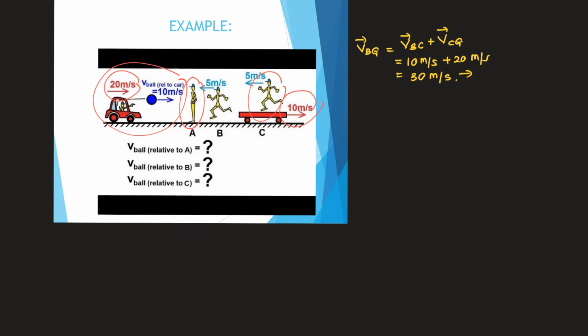Okay, so we are going to solve the first question, which is the velocity of the ball relative to A. Remember, before you start, come up with the equation first.